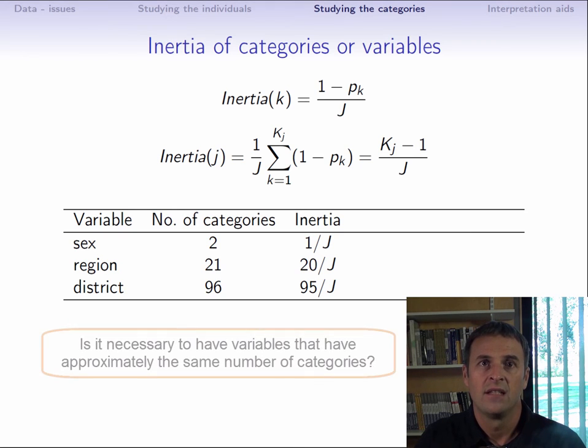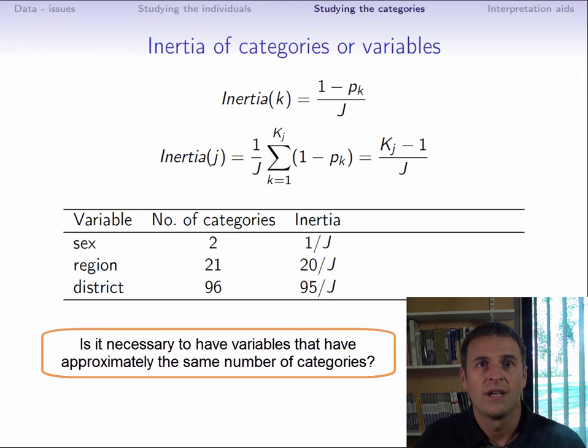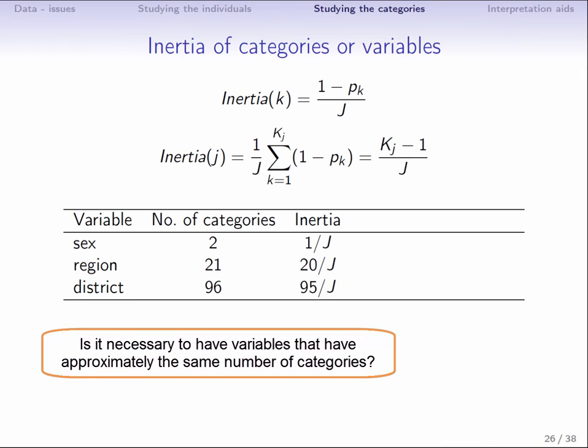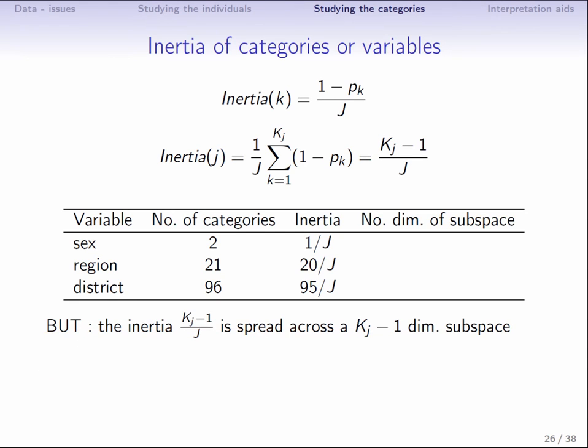At first glance, this possible disparity between inertias, varying here by a factor of 20, seems worrying. It might make us consider only working with variables with more or less the same number of categories. However, no need to worry. Multiple correspondence analysis easily deals with these kinds of differences.